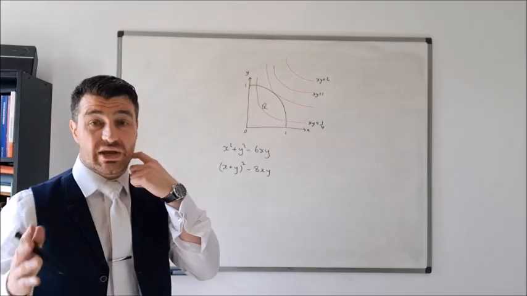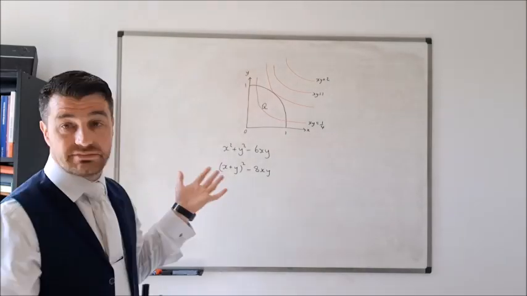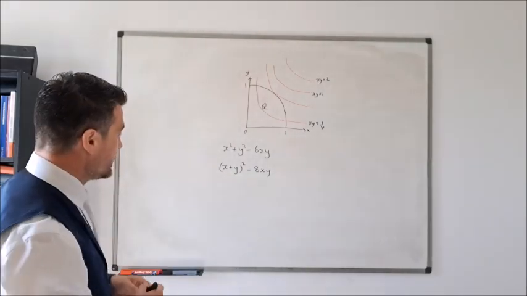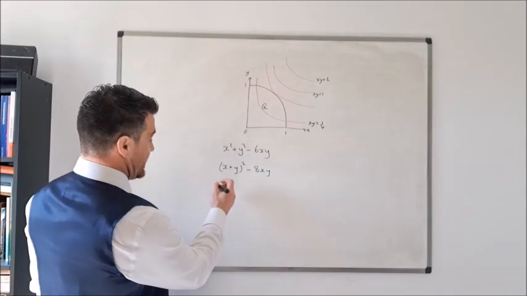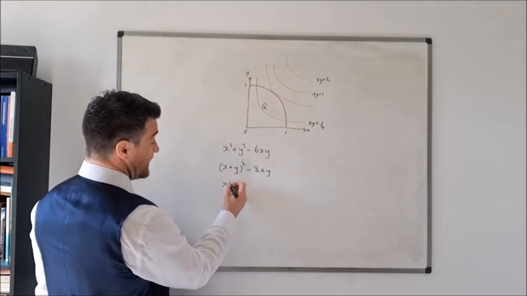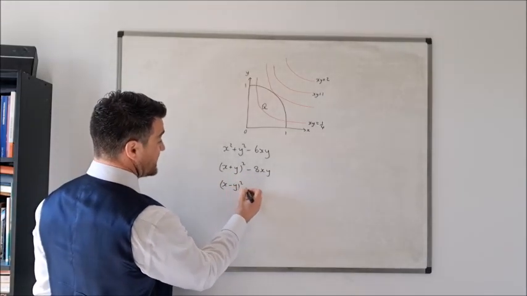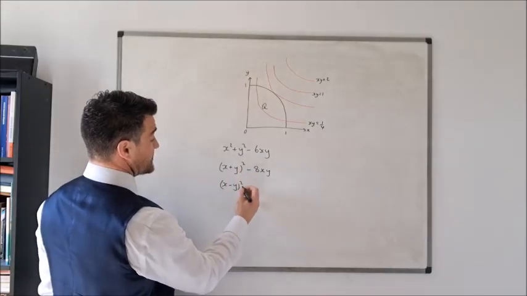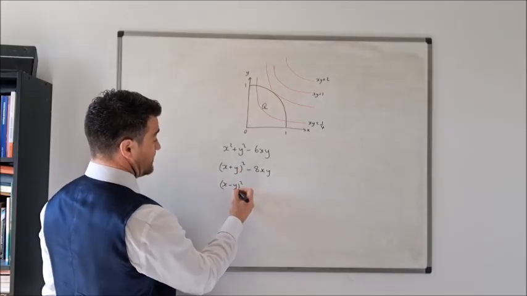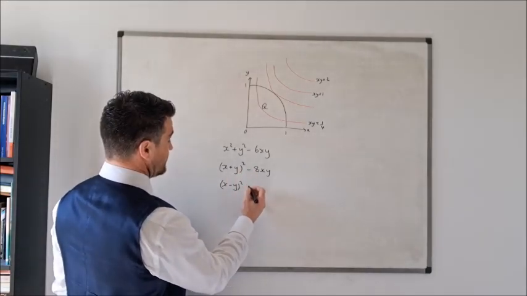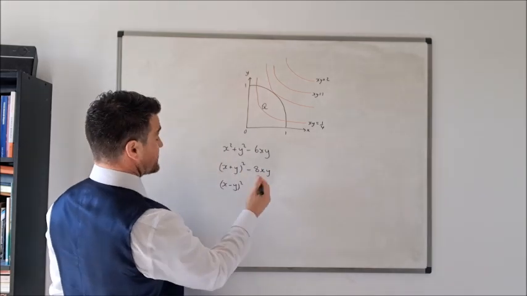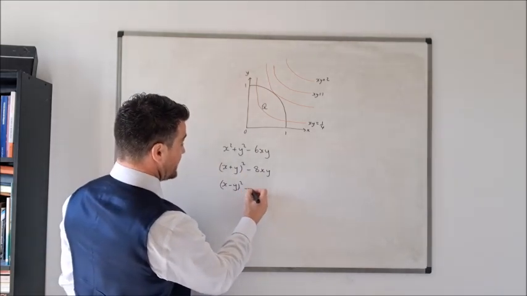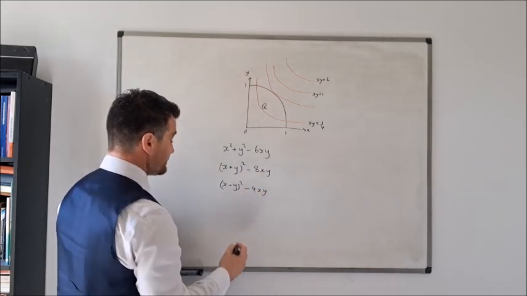It's just, that's not what I did. So I tried (x minus y) squared, maybe. What am I going to get here? I'll get the x squared plus y squared, and in this case I'll need a minus 4xy.